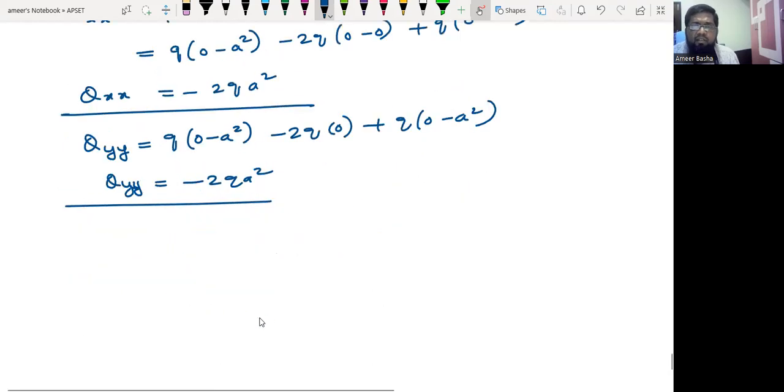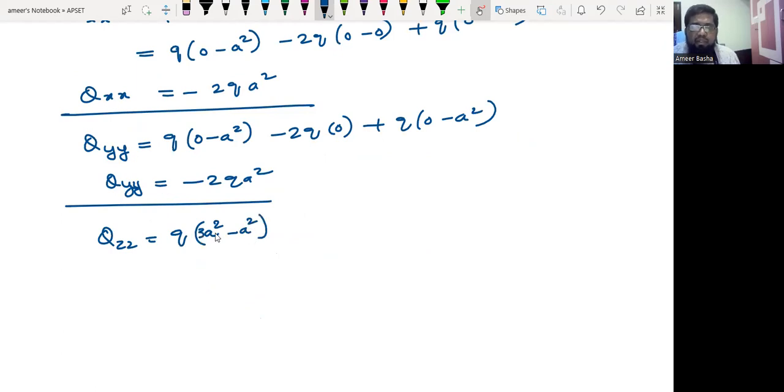Then qzz is equal to q into zz, so it's qz square, that is a square minus a square.